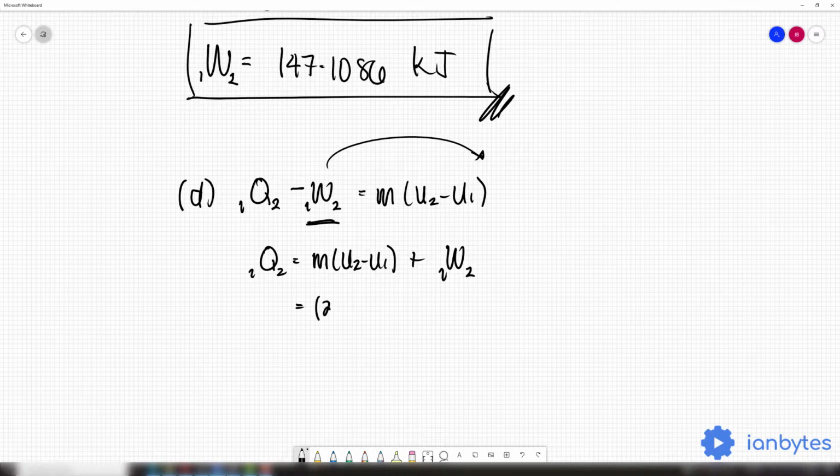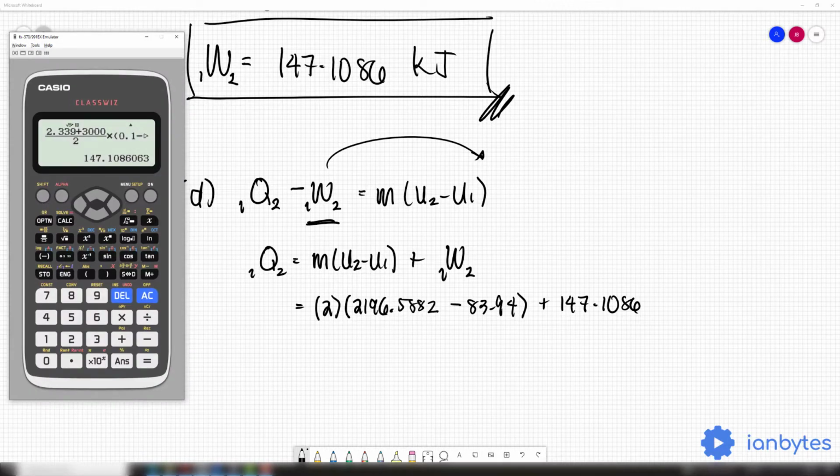We have 2 multiplied by 2,196.5882 minus 83.94 kilojoules per kilogram plus 147.1086 kilojoules. Entering these values in our calculator, we have the following.